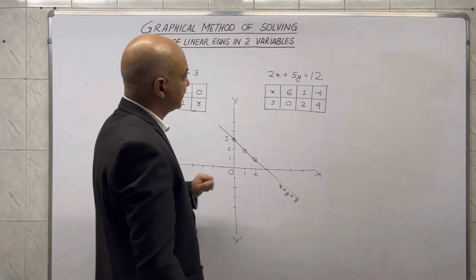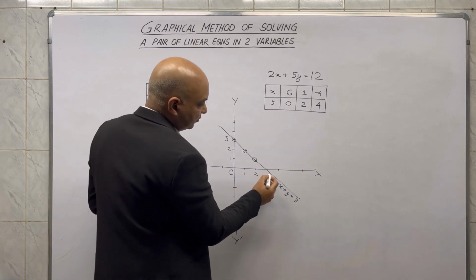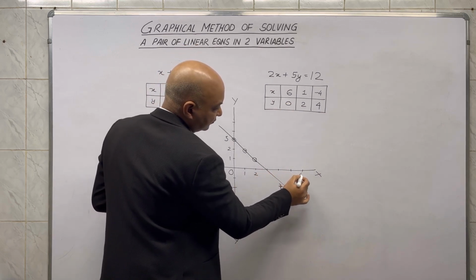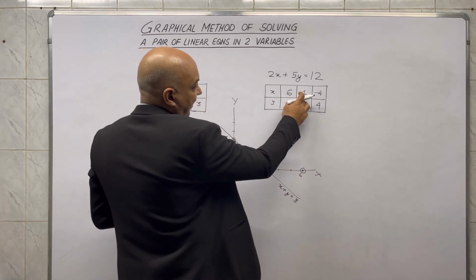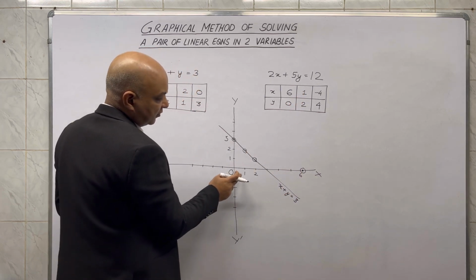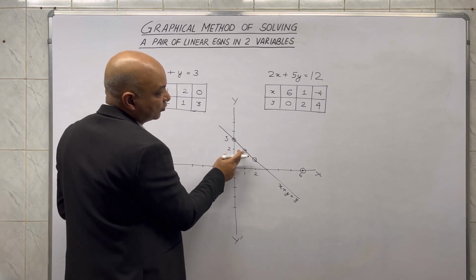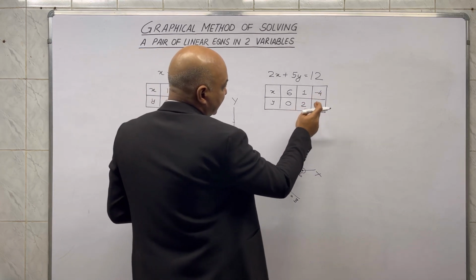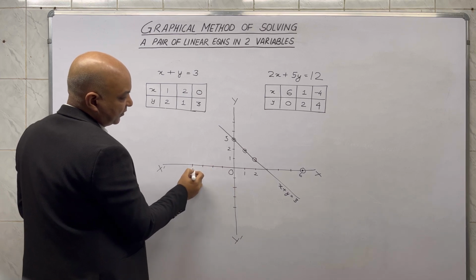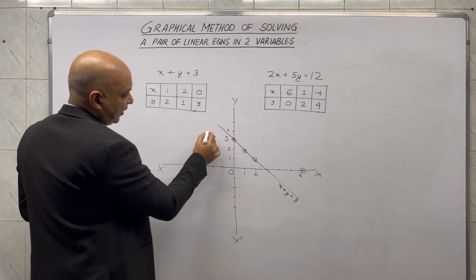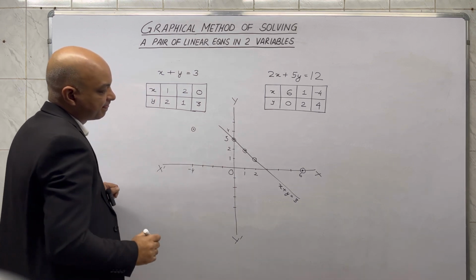Now let us see this: x6, y0 is this point, x1, y2 is a common point, and x minus 4, y4 is somewhere around this.